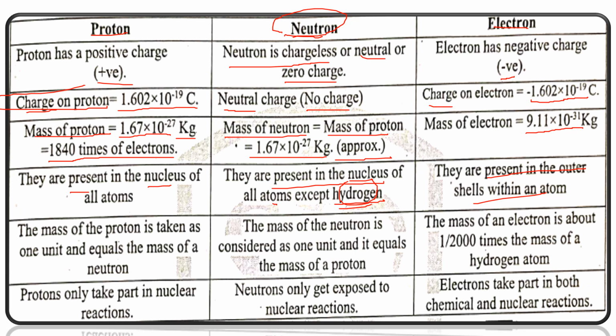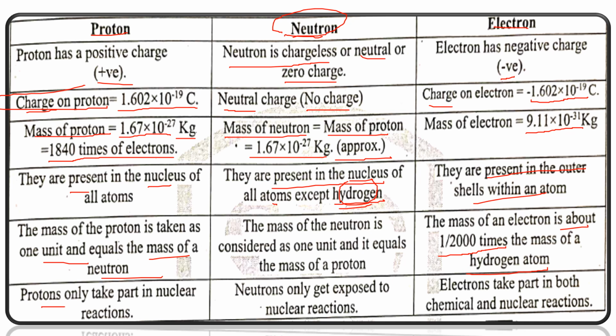The mass of the proton is taken as 1 unit and equals the mass of the neutron. The mass of the electron is about 1 by 2000 times the mass of a hydrogen atom.